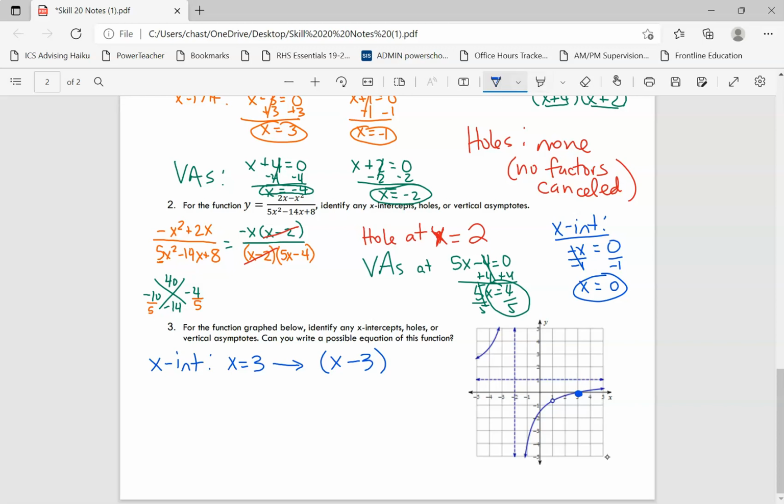We have a hole at x equals 1, which means there is an x minus 1 top and bottom. I should have made note that the x minus 3 is on the top only.